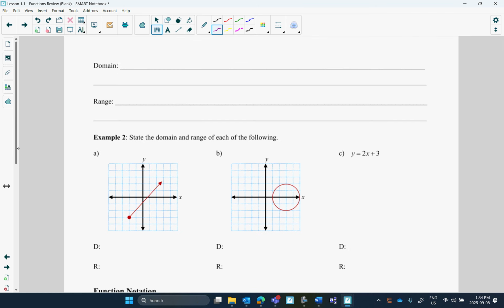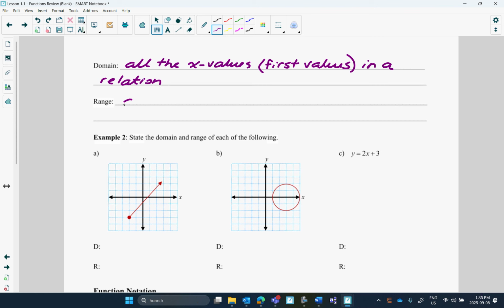So, domain: all the x values or first values in a relation, whereas the range would be all the y values, or the second values.